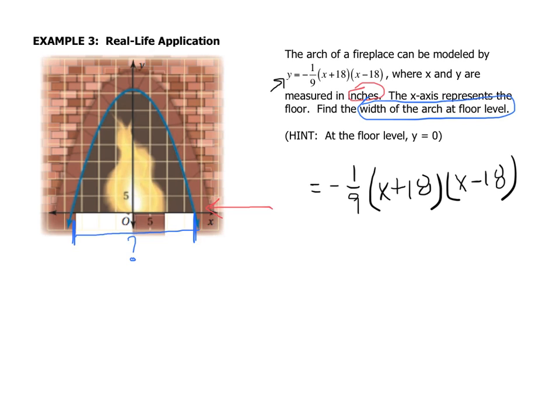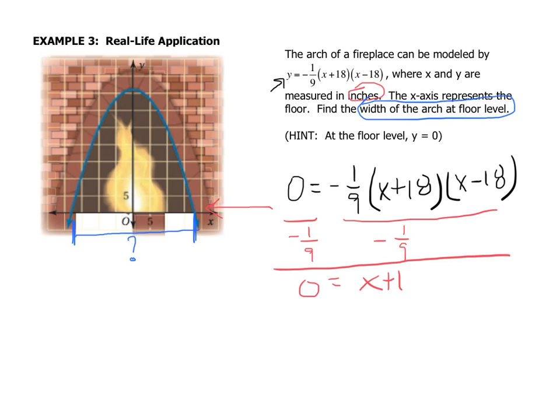When we're at the floor level, y is 0 because there is no height going up. So we can plug in a 0. Now we have an equation that we can solve. The first step is to move away this negative 1/9. As I do, you're probably going to notice 0 divided by anything is 0. And I'm left with x plus 18 times x minus 18.